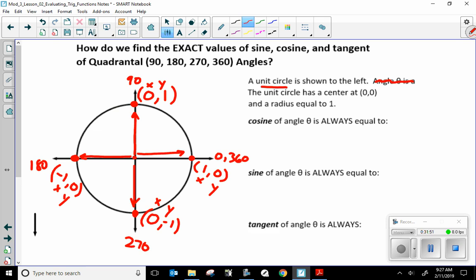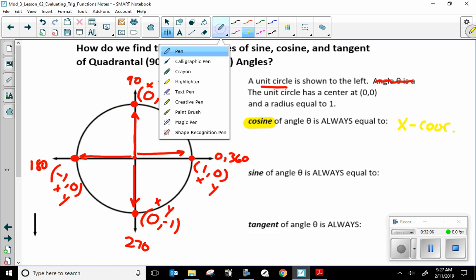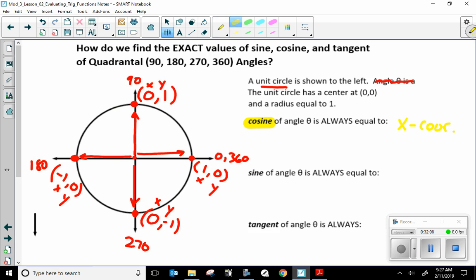Cosine is always equal to the x coordinate. So as I go around this, if I want to know what the cosine of 0 degrees is, that's the x value at 0 degrees. What's the cosine of 90?